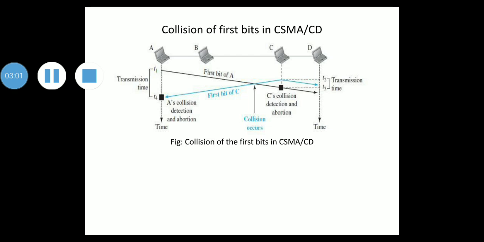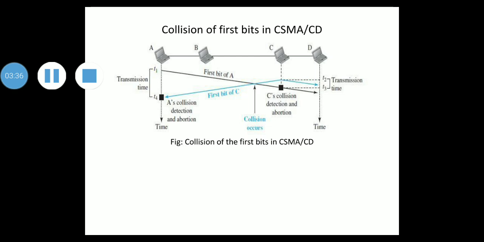Station C detects the collision at time t3, when it receives the first bit of A's frame sent by station A. What station C will immediately do is abort transmission. When it detects a collision, it aborts transmission.